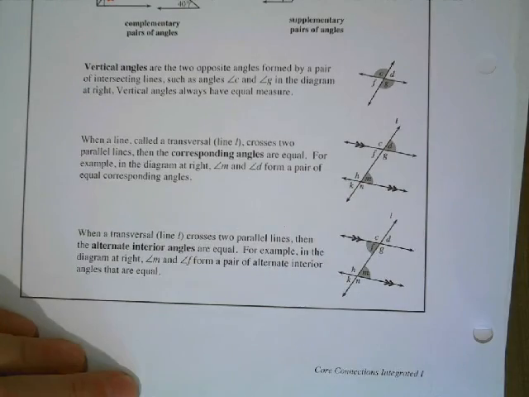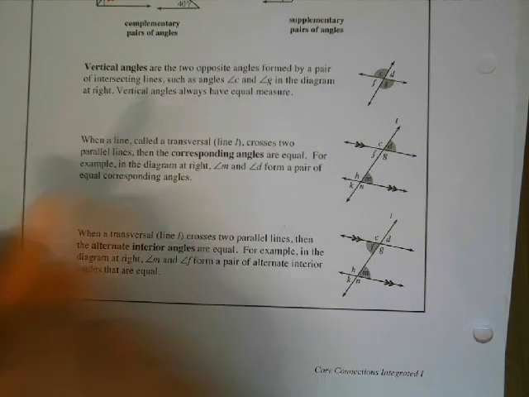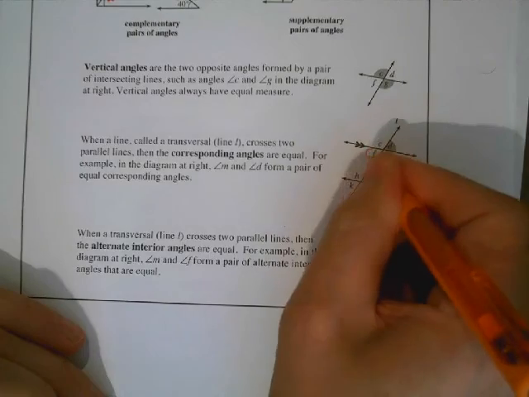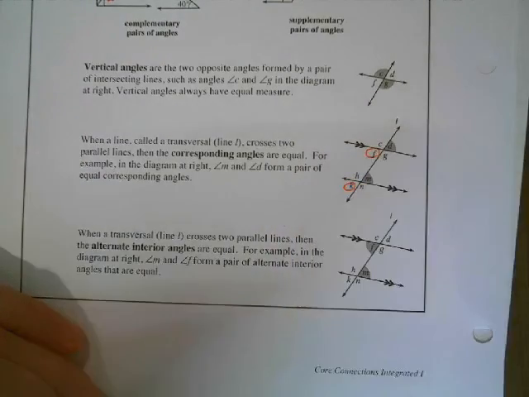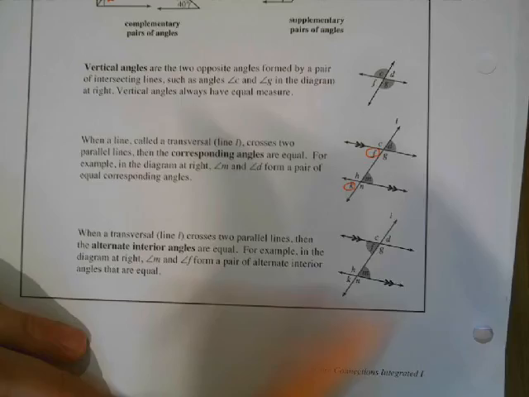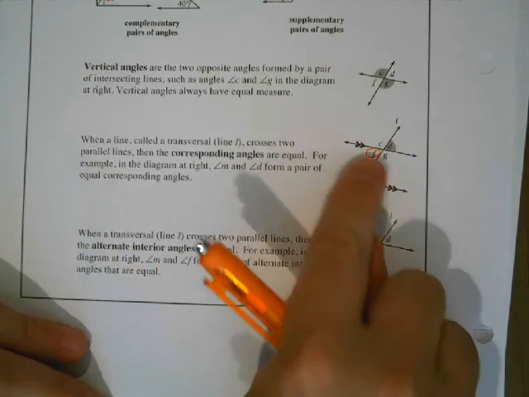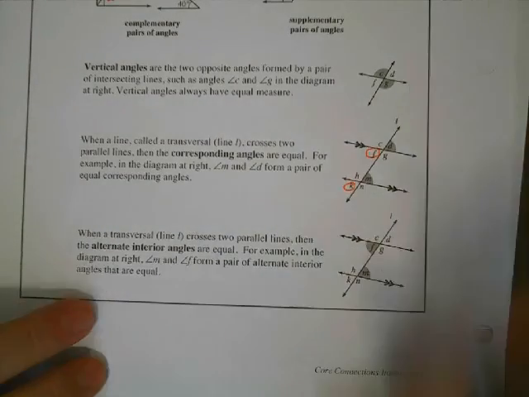Now, there are other corresponding angles on here. F and K would be corresponding angles because they're on the same side of the transversal. This time they're on this side, and one is inside and one is outside. There are more.